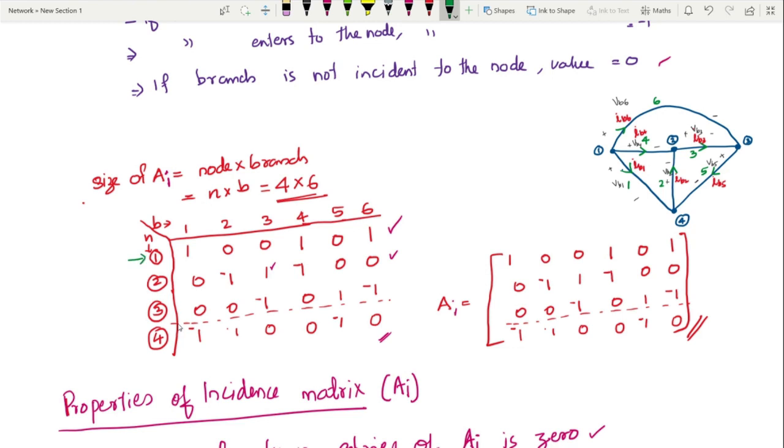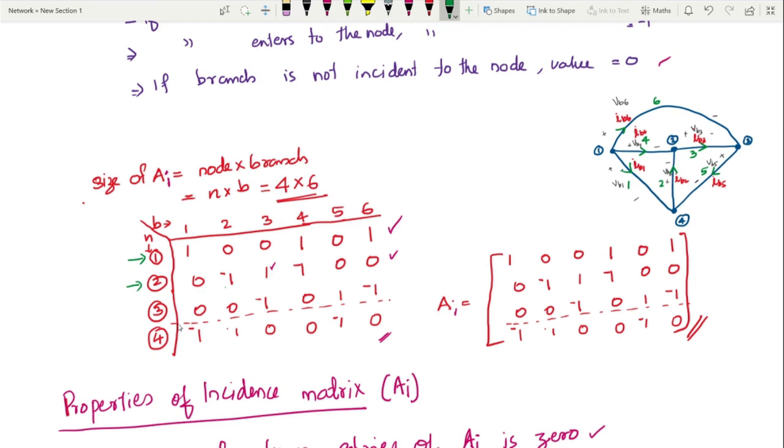Next, we need to consider node 2. What are the branches incident on node 2? We can see branch 2, branch 3 and branch 4. For branch 2, we identify the direction of current. Since the current is coming towards this node, it should be taken as negative.